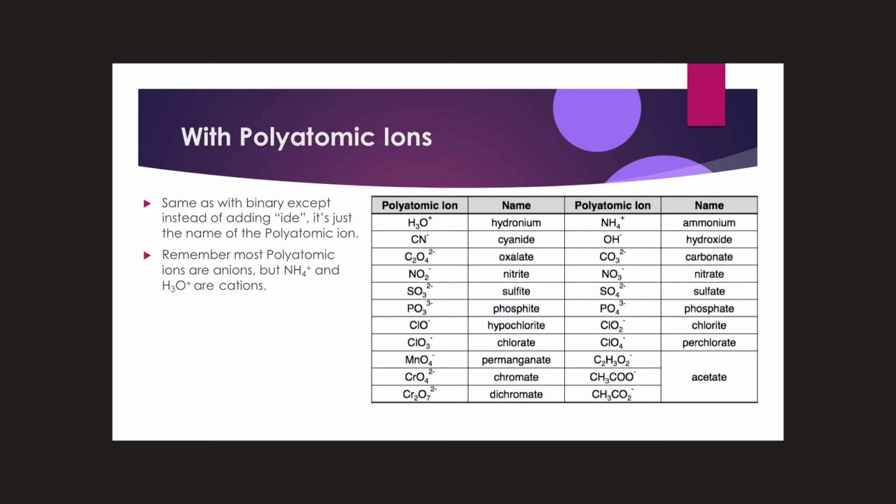Now, when you name it, just like you did before, you're going to name the cation first, the full name, and then the anion. Instead of adding the word ide, the name of the polyatomic ion is written as it is right here.